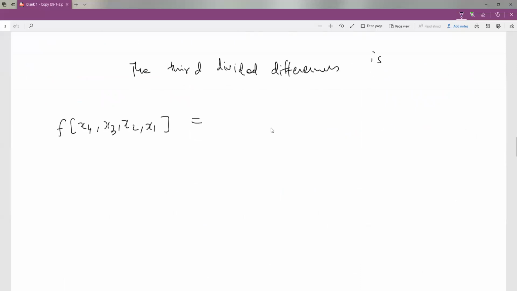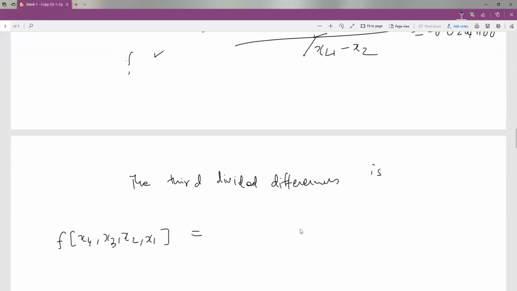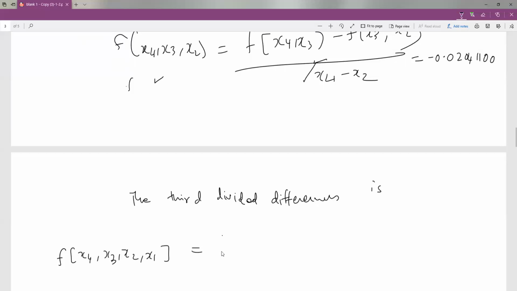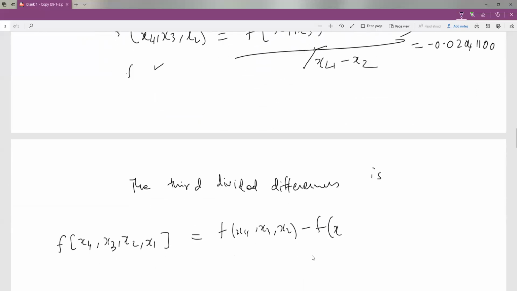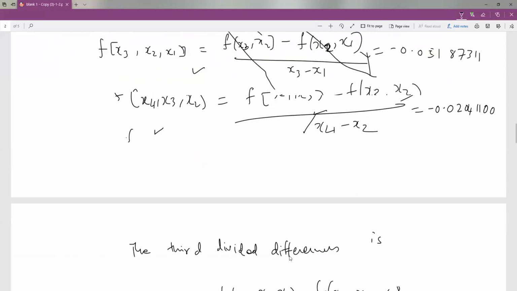So you can check that it turns out to be f of x4, x3, x2 minus f of x3, x2, x1, divided by x4 minus x1. x1 is 1, x4 is 5.